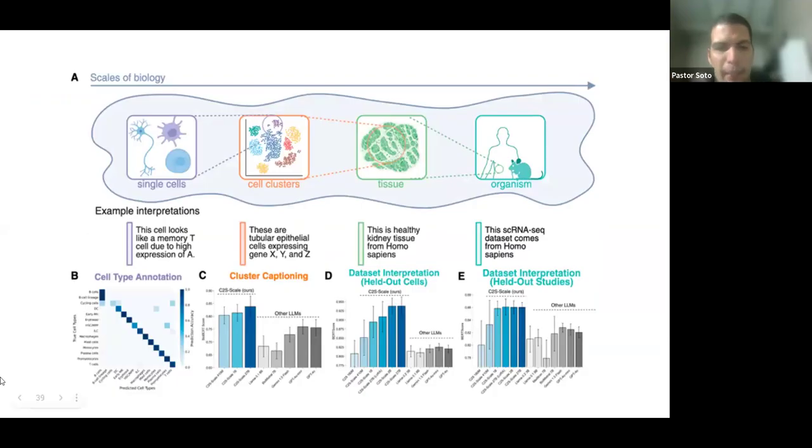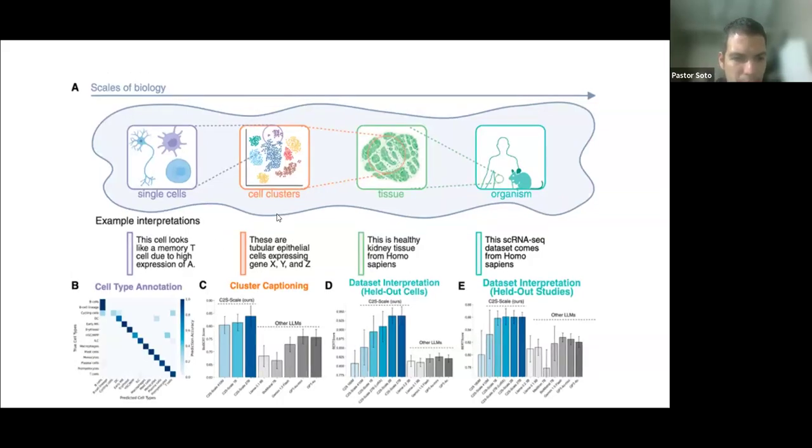Okay, so let me explain the downstream tasks that they wanted to use. The first one is the cell type annotation that we discussed, in which you have the cell sentence and you ask what cell this belongs to, and also the cell cluster, which captures the surroundings of the cell and where that cell belongs.